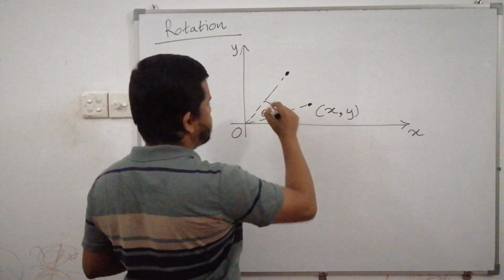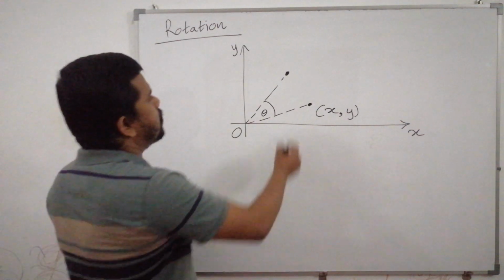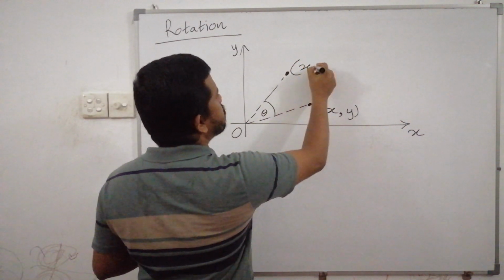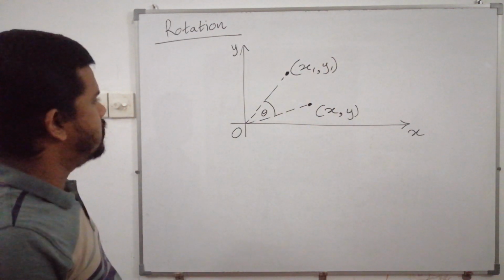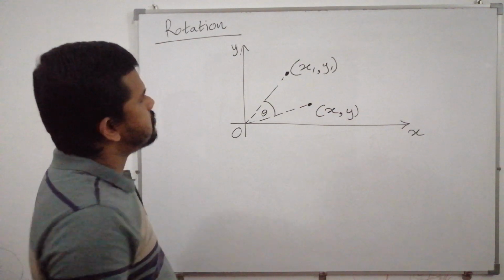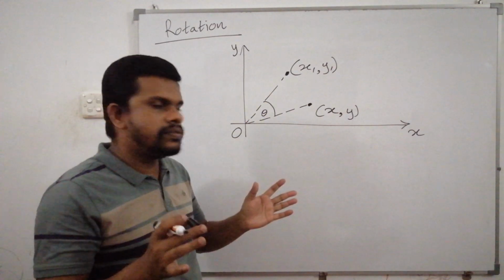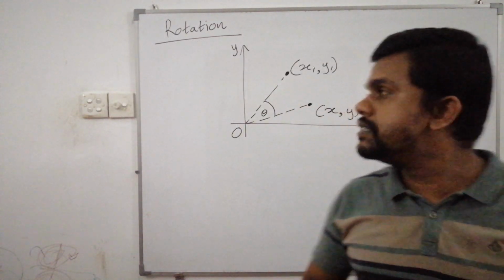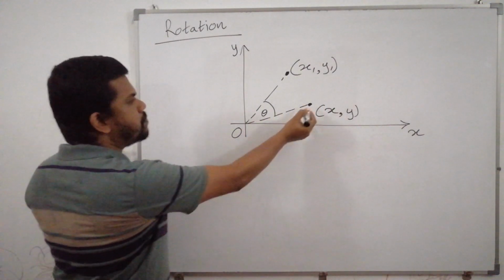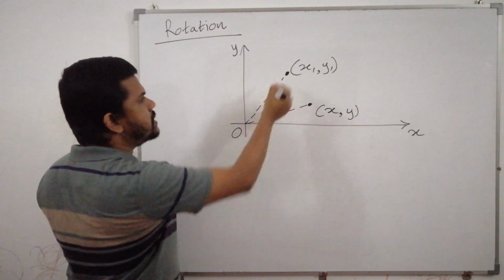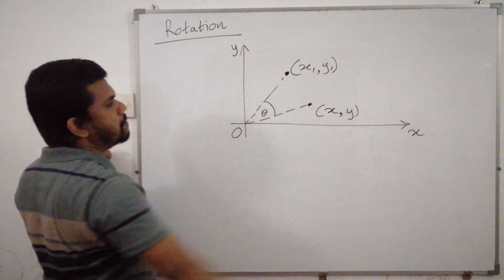So the coordinates of the new position is x1 comma y1. Now this kind of transformation, we call it a rotation. So this point rotates around the origin and comes to this position.